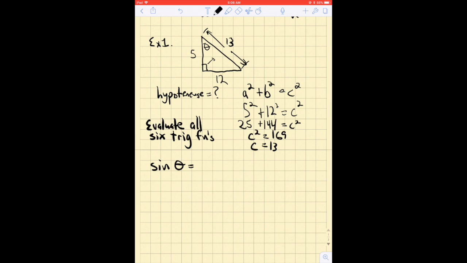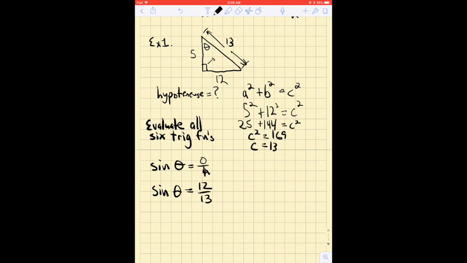So here's theta, and sine is equal to opposite over hypotenuse. In this case, sine of theta is equal to 12 over 13.